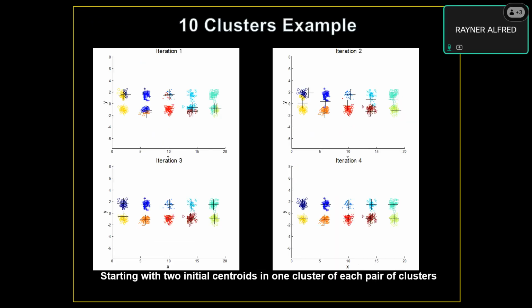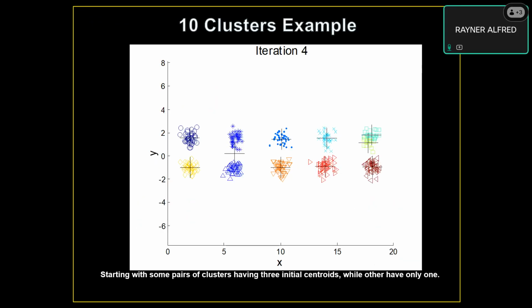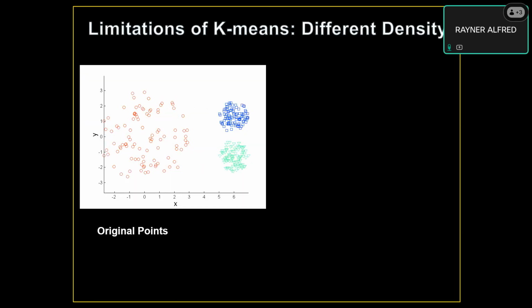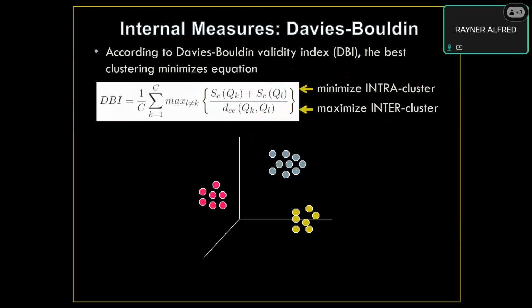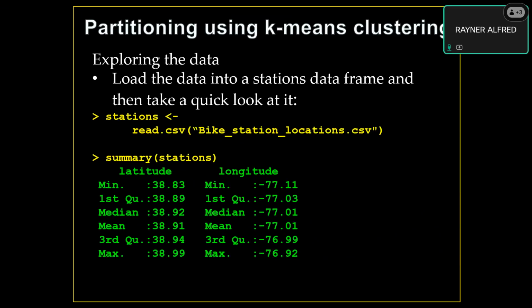Okay, let's take a look at one example for the R software that we can apply. For example, like this practice where we have the locations of bike stations. Our objective is to cluster them.